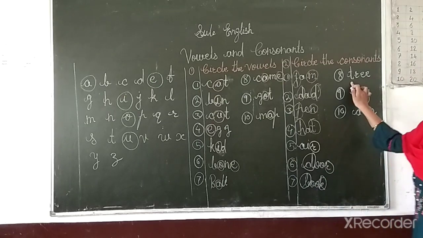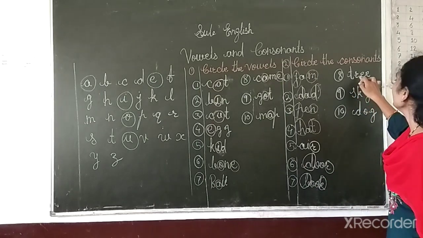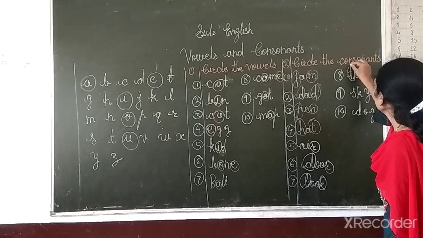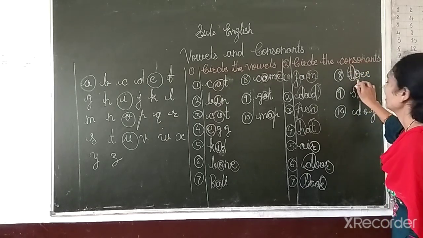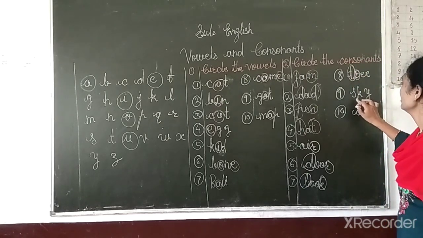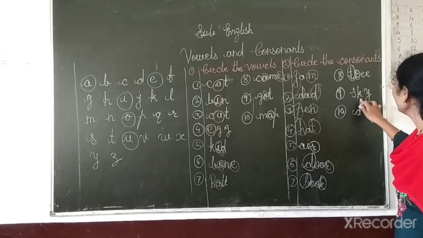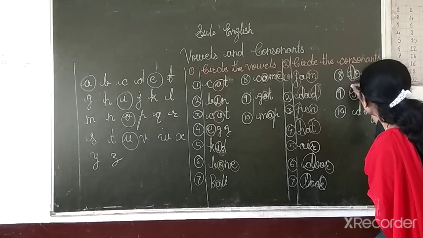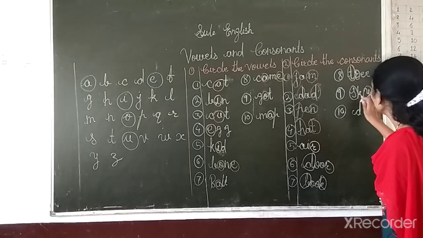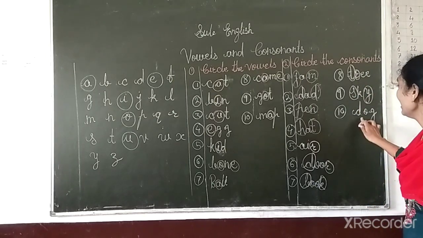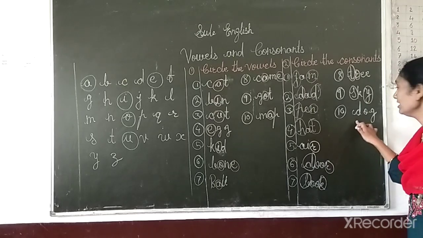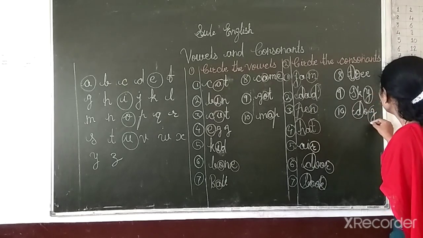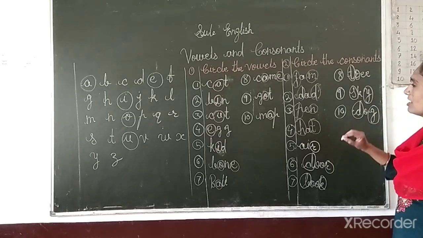Then here the word is T-R-E-E, tree. Here T and R are the consonants. Next word, S-K-Y, sky. In this word, S and K are consonant sounds. And the last word is D-O-G, dog. Here D and G are consonant sounds.